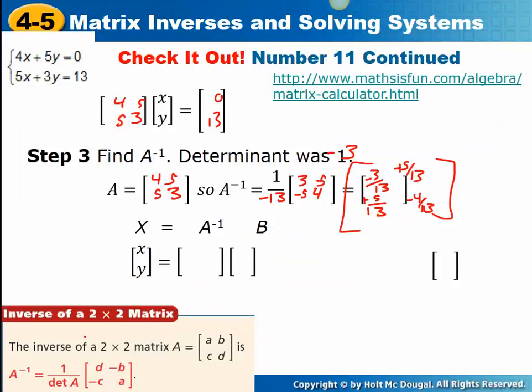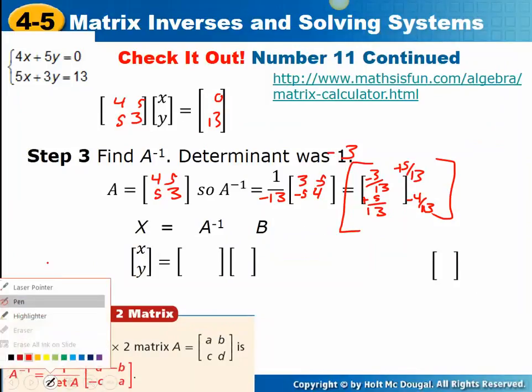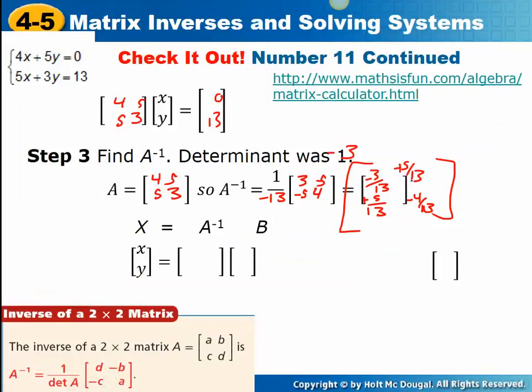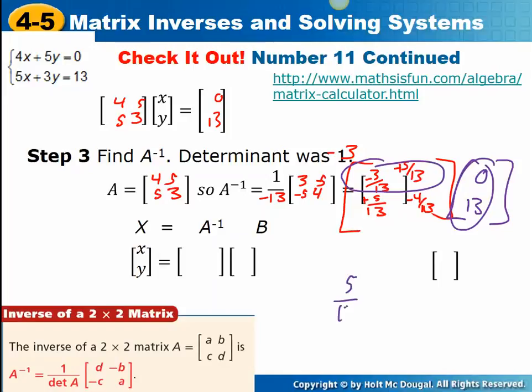If I multiplied this by hand, I would have this times 0, 13. So the rule for multiplying matrices is you take the top row of the first one by the first column of the second. So we'd have -3/13 times 0 plus 5/13 times 13. 5/13 times 13 is 5. So I would get 5 for the first number.